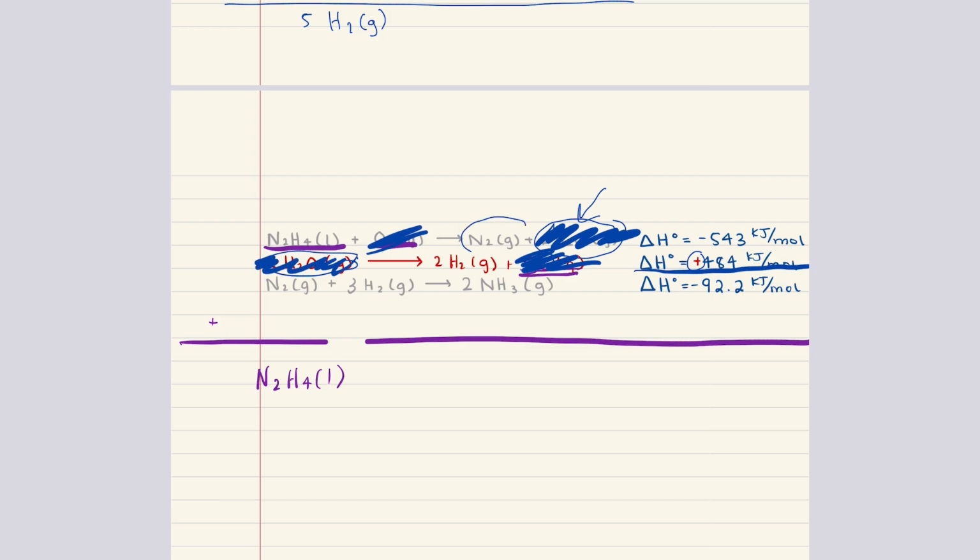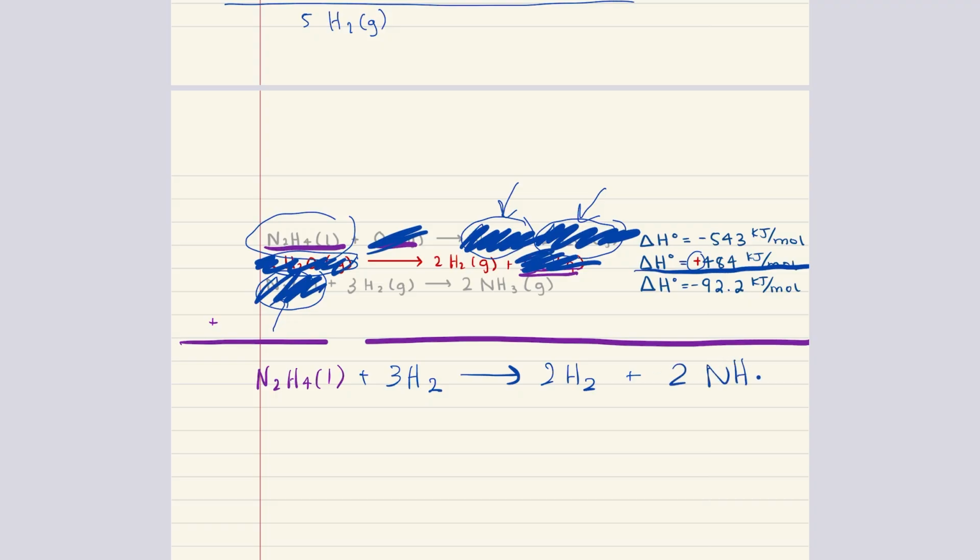And finally, same goes with the nitrogen gas. We have 1 mole in the product, 1 mole in the reactants. They cancel out. So now what we're left with is N2H4 in the reactants plus 3 moles of hydrogen gas, and that forms 2 moles of hydrogen gas plus 2 moles of ammonia.